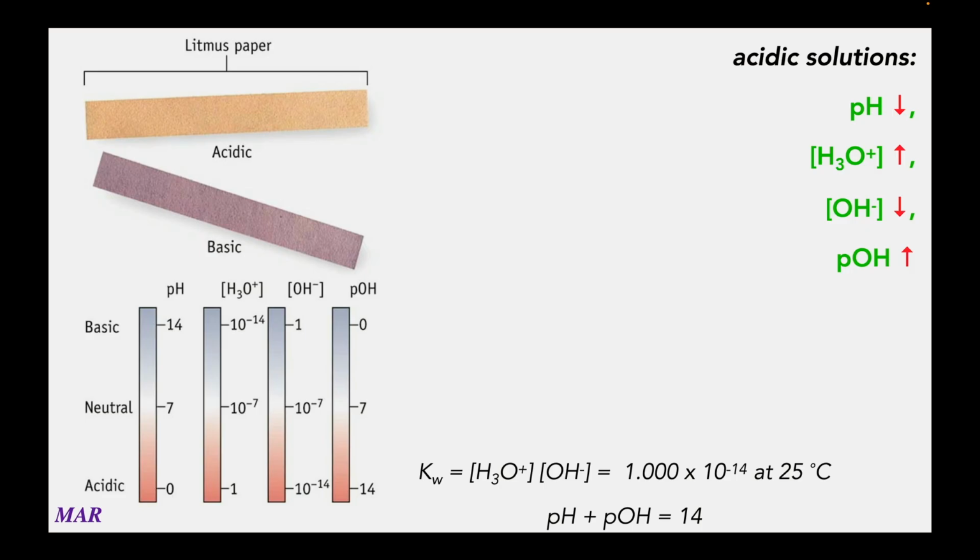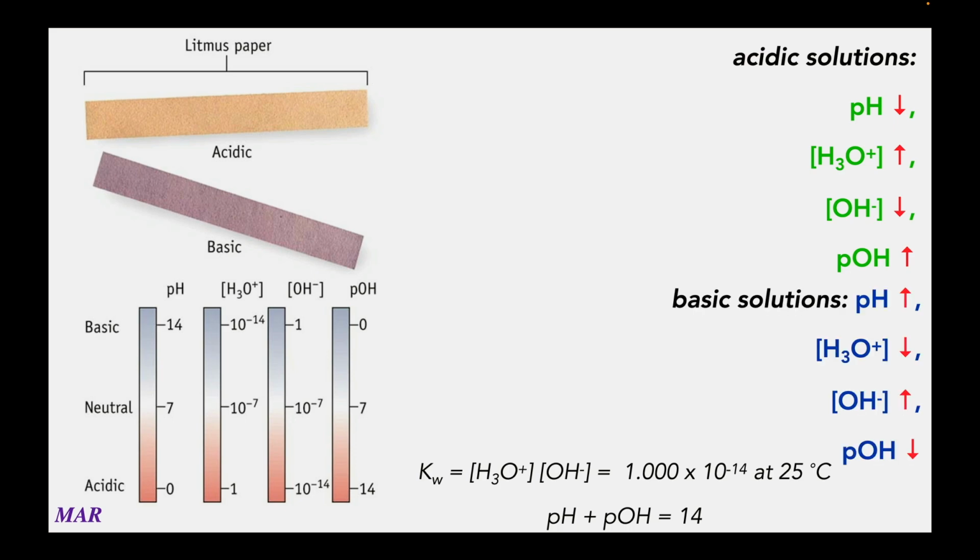And pOH is going to be very, very large. It's not going to be very strong. Remember that low values of pH and pOH mean strong. So a low pH would be more acidic. A high pOH would be less basic. That's how this part works out.